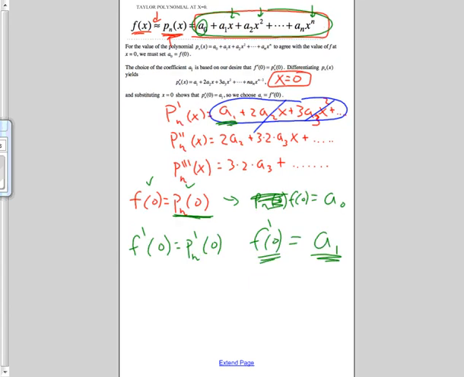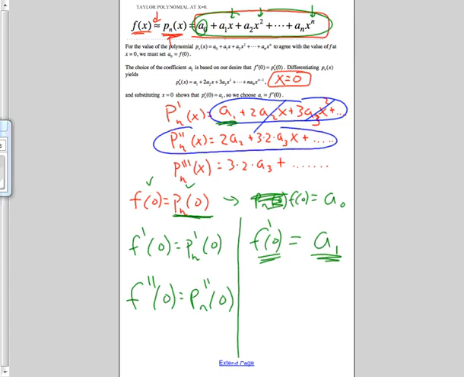Let's keep going. The second derivative at 0 must equal P sub n derived twice at 0. So looking at my second derivative now, when x equals 0, that's all I have left. So I get that the second derivative of my function at 0 must equal 2 a2, this right here. So I get that a2 must equal f double prime of 0 over 2.